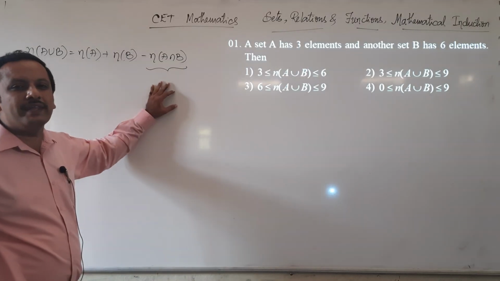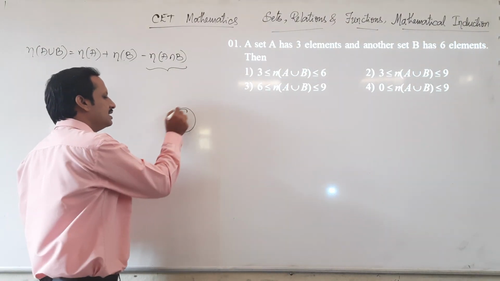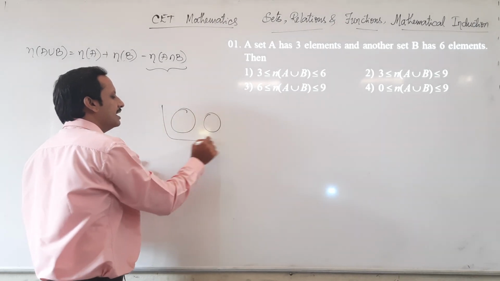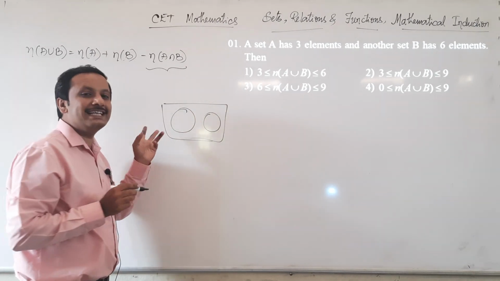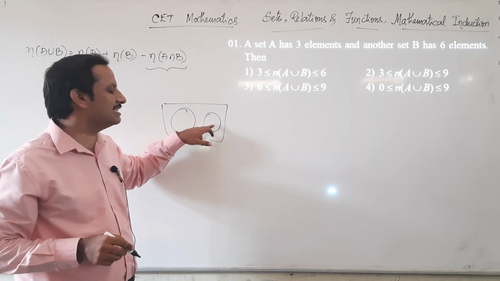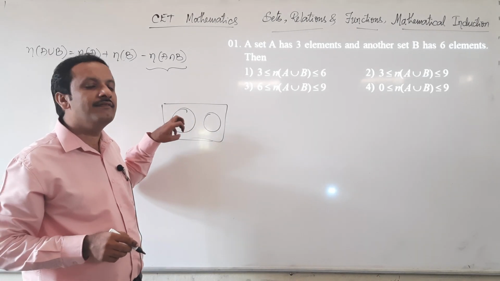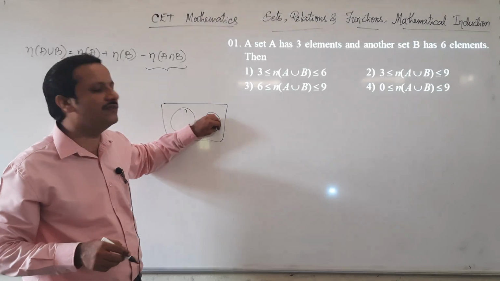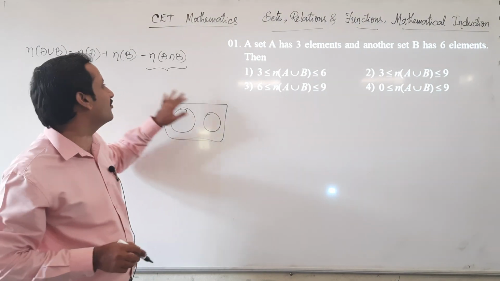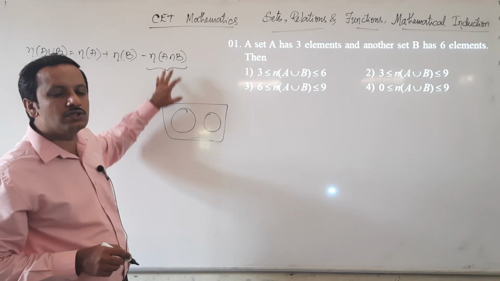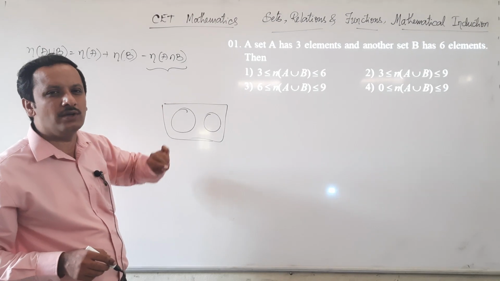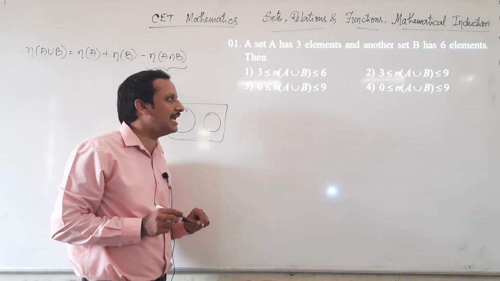That means, when they are disjoint sets, suppose this is A and this is B, they are disjoint, I mean their intersection is empty. In that case, the number of elements in their union will be equal to the sum of these two, n of A plus n of B, because then this will become 0. So, their sum will be the maximum value of the number of elements in A union B.